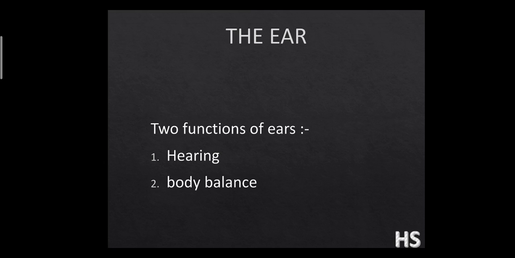What is this Eustachian tube? Whenever we put in eardrops, sometimes the eardrops go into your throat. Why? Because your ear and your throat are connected with a tube called the Eustachian tube.